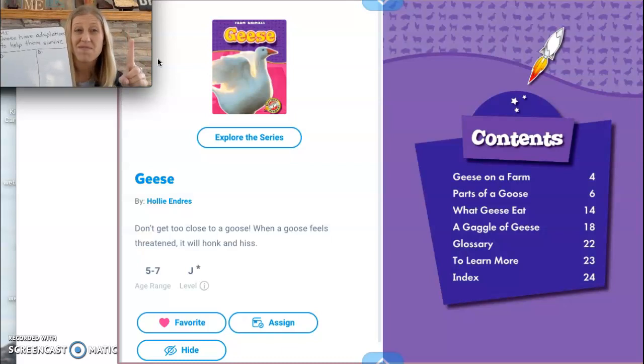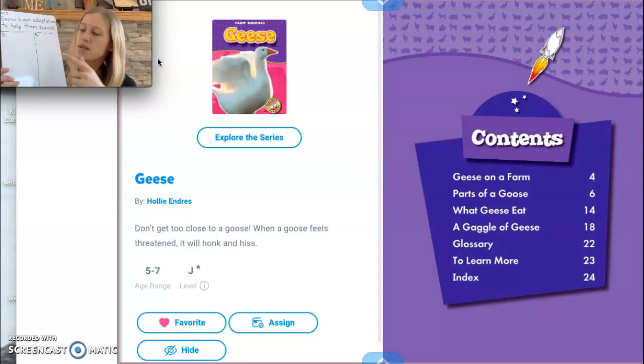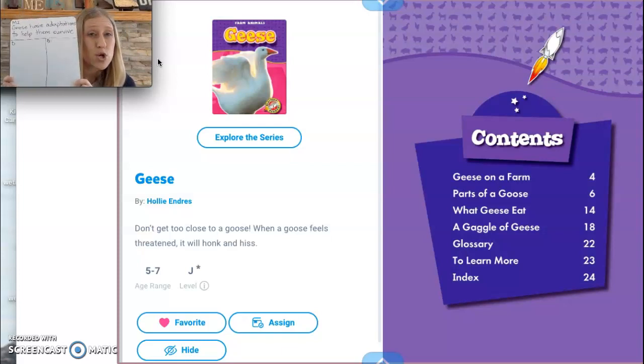Maybe it's the webbed feet, maybe it's what they eat, maybe it's the fact that they live in a group of geese called a gaggle. All of those are great details. Write 1 detail in this box, 1 detail in this box. I want you to take a picture of this and put this on the morning meeting page so I know you completed your morning meeting work.